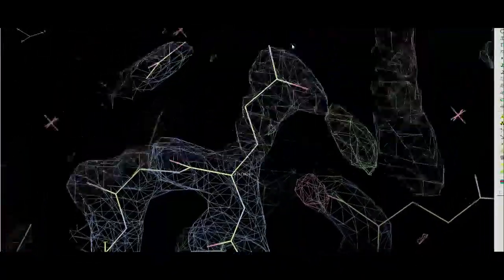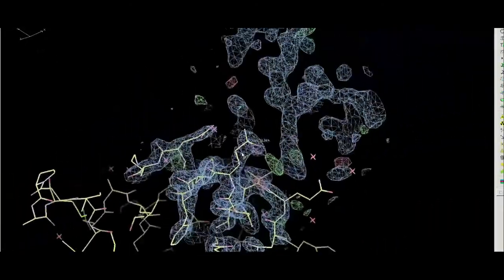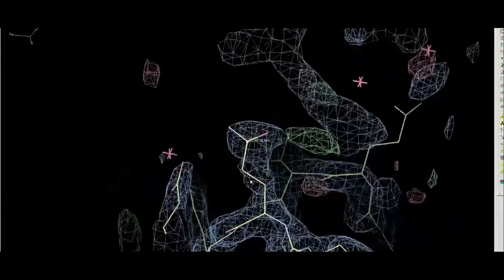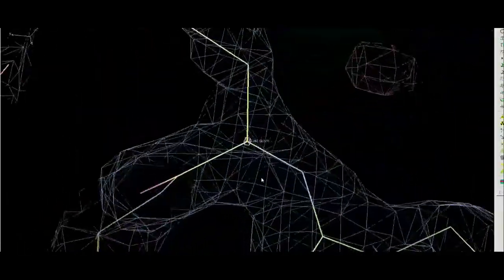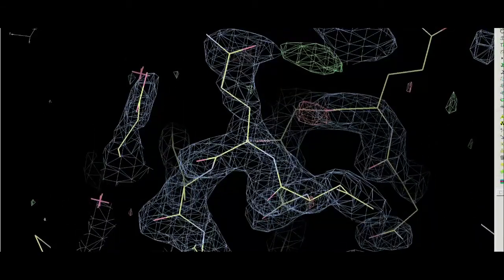So you can see up here we have the nitrogen and oxygen on our side chain. And so what we do when we're in here is we can do what are called real space alignments.